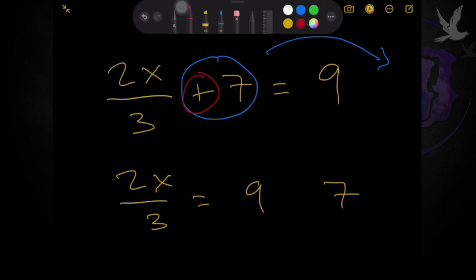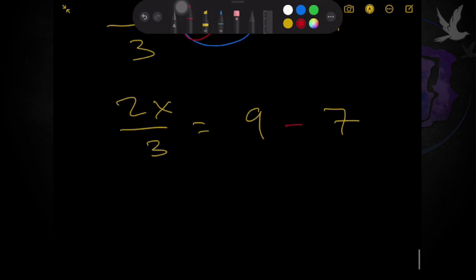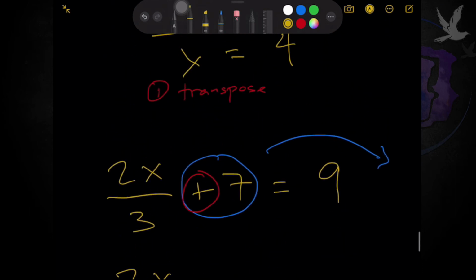Since on this side of the equation, it is positive, pagdating sa kabila, we take the opposite of it, which in this case will now become negative. Okay, then from there, i-simplify nyo muna. Gawin nyo muna yung mga visible operations, such as 9 minus 7 is equivalent to 2. Okay, then from there, once you're done transposing, second thing that you need to do now is to cross multiply.